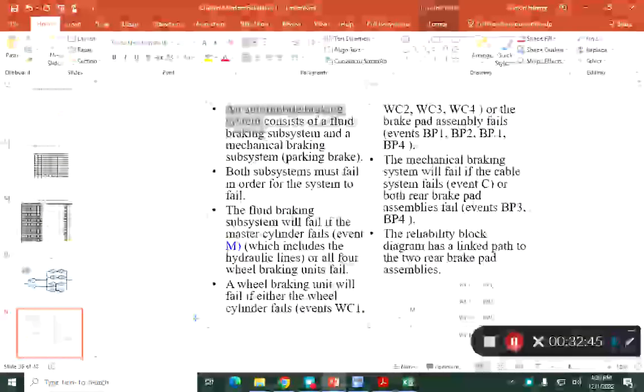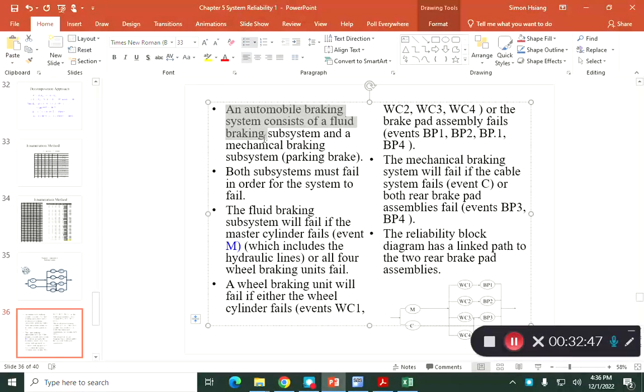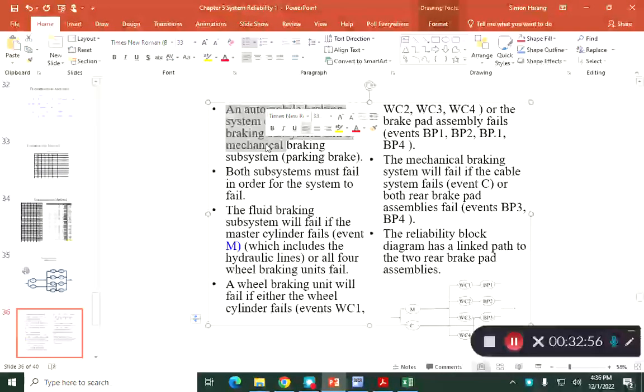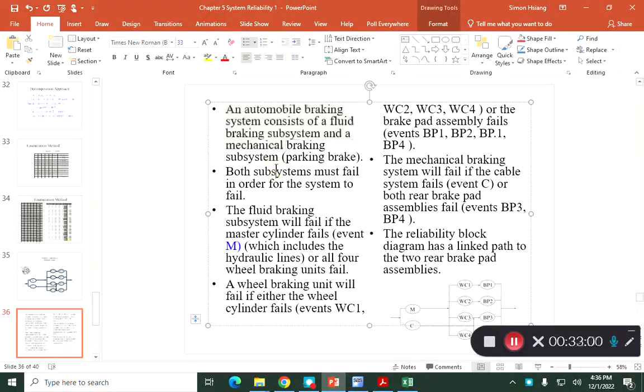A car braking system, well, show hands. Any of you watch the movie Ford versus Ferrari? It's a good movie, okay? Maybe you can watch it on Amazon, because it has a huge portion about race cars.